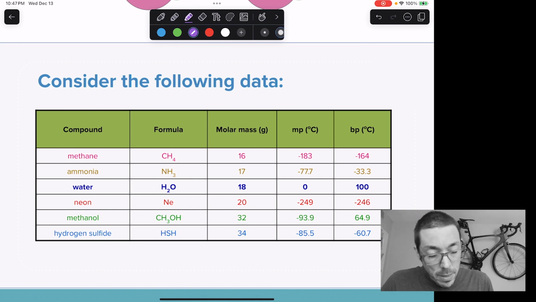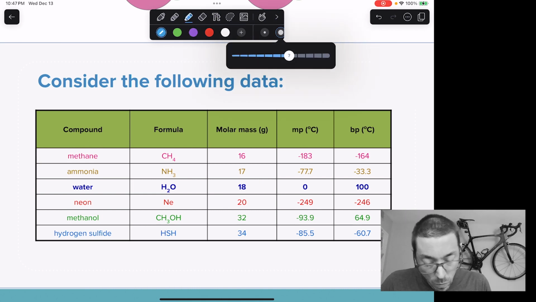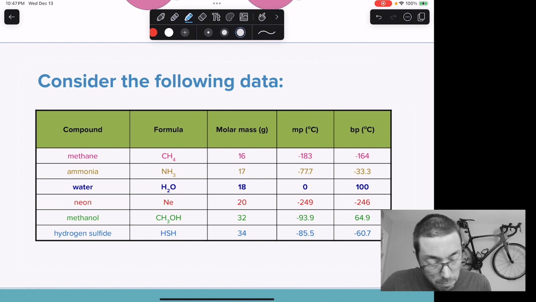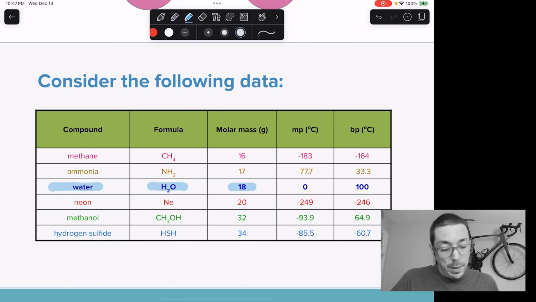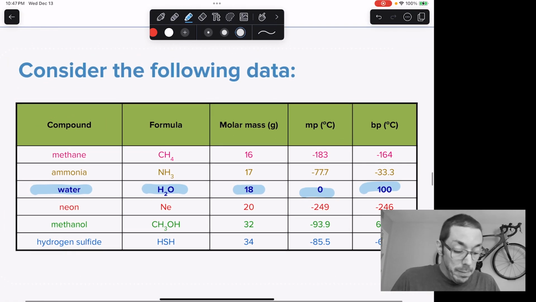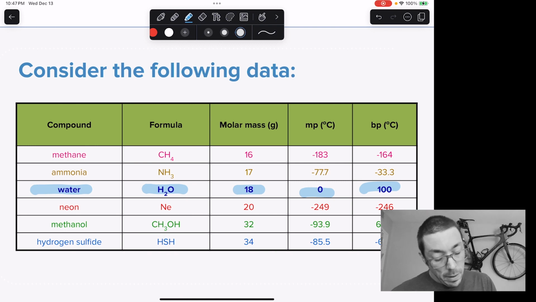Water doesn't seem to match all the others. It does match in terms of the mass. So the mass of water is 18, and it's similar in mass to all these other compounds, but it's very different in terms of melting point and boiling point. Those are both much, much higher than all of the other ones.